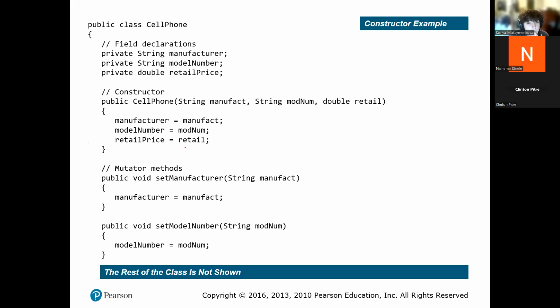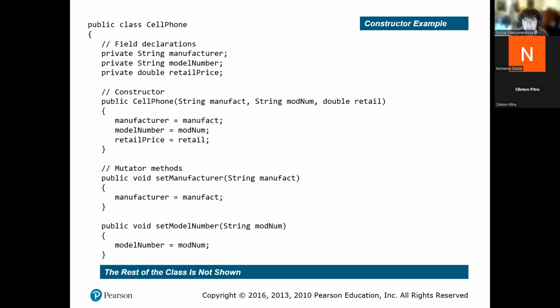All right, here is a great example right here. So essentially the same class, same idea, but we're adding a constructor. And remember, I told you a constructor already exists within your class, even though you do not define it.